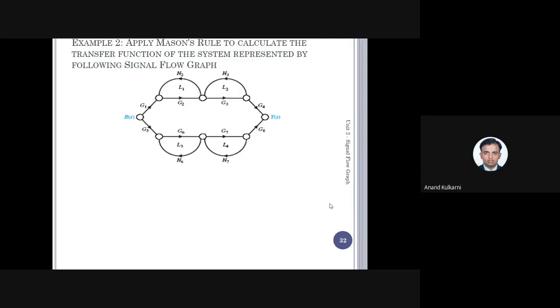And important while copying this, make sure that you copy the flow of the signal correctly.